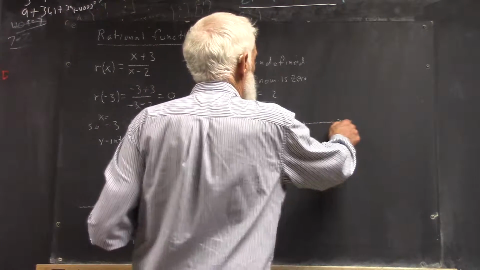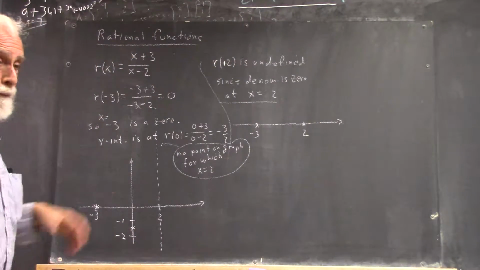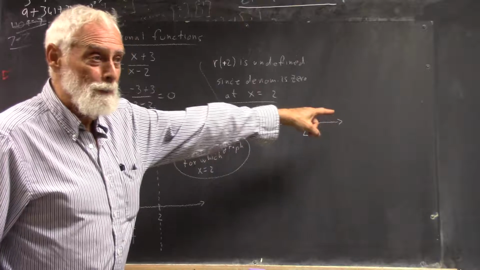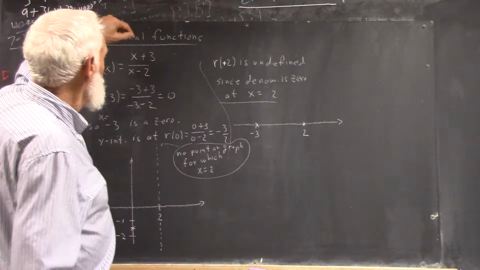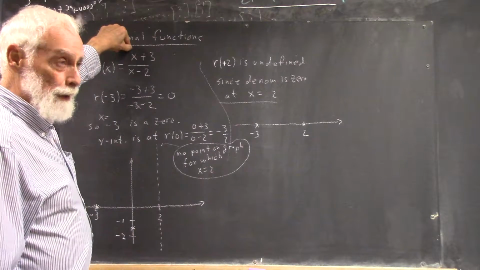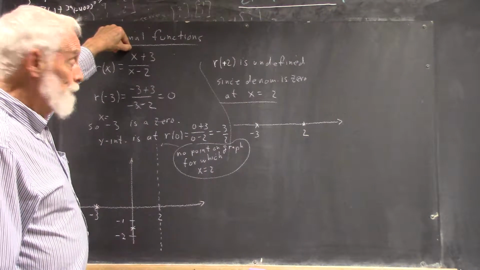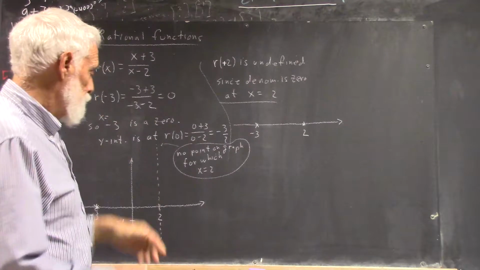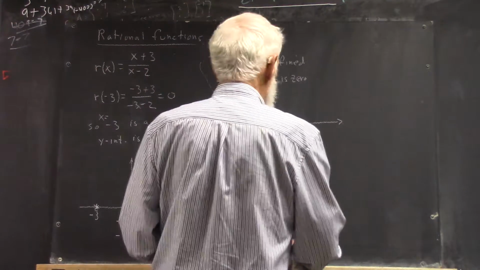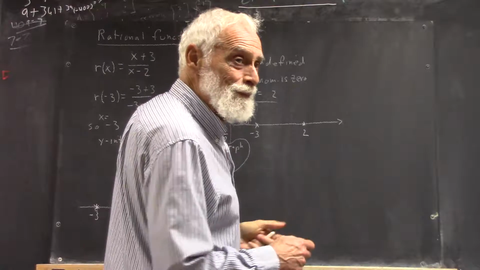So to the right of x equals 2, well, x is bigger than 2 at all those points. It's not a surprise. Okay? So if x is bigger than 2, x plus 3 has to be positive, right? And x minus 2 has to be positive, right? So I'll color code this because everybody loves pretty colors.